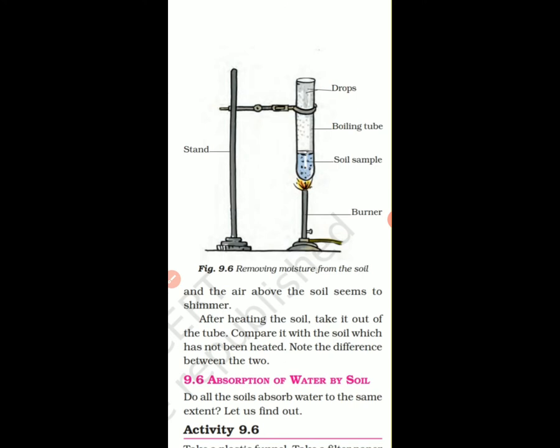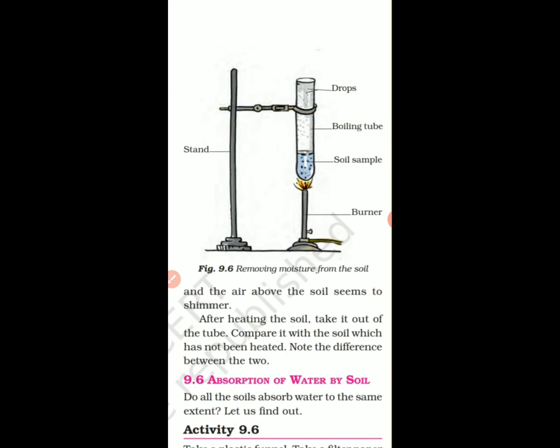On heating, what will you see? Water in the soil evaporates, moves up and condenses on the cooler inner walls. You can see the water droplets on the upper side. What is this? This is the moisture from the soil, right? जो गर्मी की वजह से ऊपर आ जाता है.